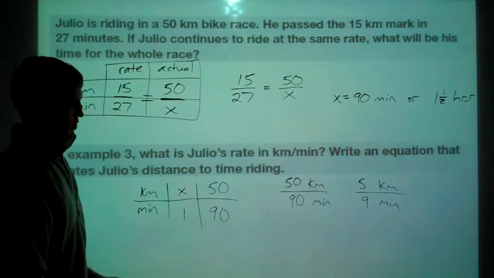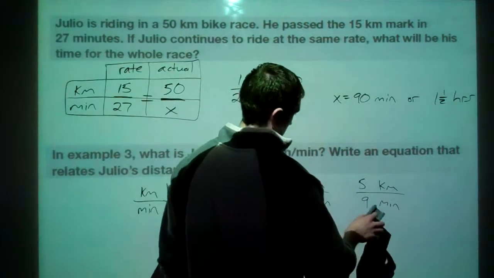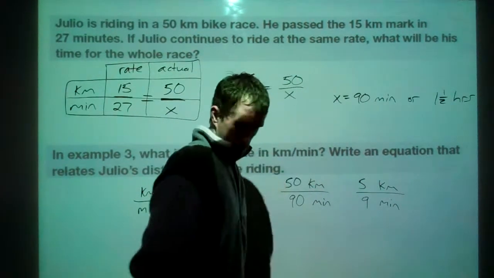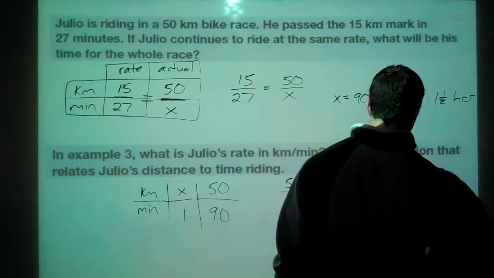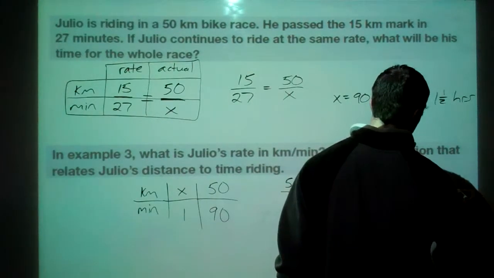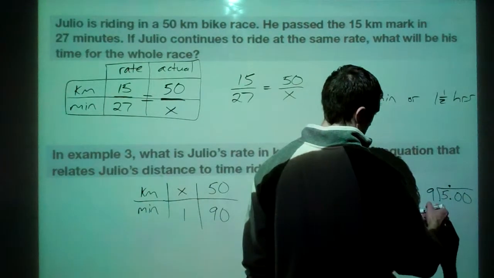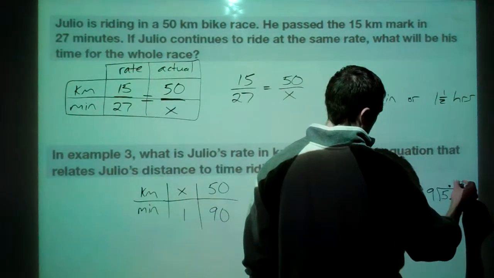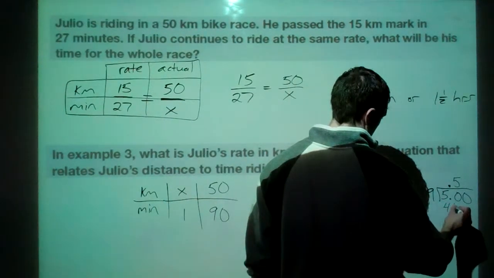But what we really want to do is get this down to how many kilometers in 1 minute. So we want to do 9 divided by 5, or 5 divided by 9. Alright, so you're going to do 9 goes into 50 5 times. 5 times 9 is 45.